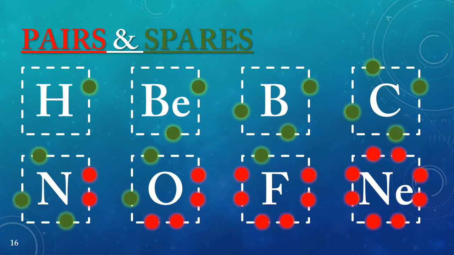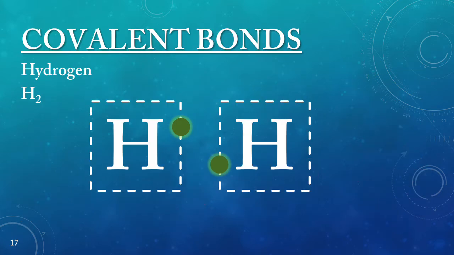Now I look at this kind of like parking spaces. So hydrogen has 1 parking space that needs to be full. One part of the side's full, with 1 electron, but it needs another one to park. Beryllium has 2 parking spots. Carbon has 4 parking spots.